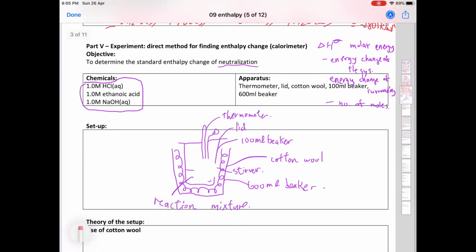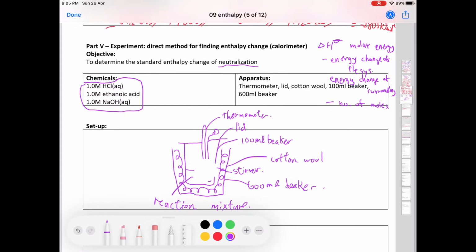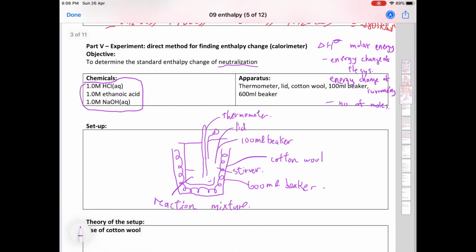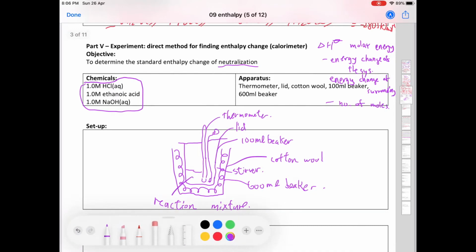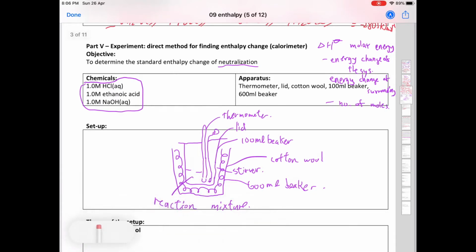Oh, never mind, just add back those. And here is all for the setup.